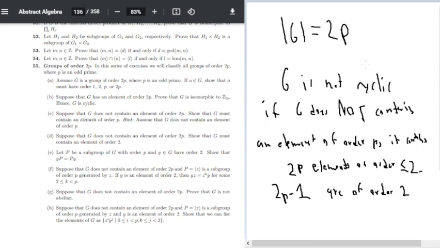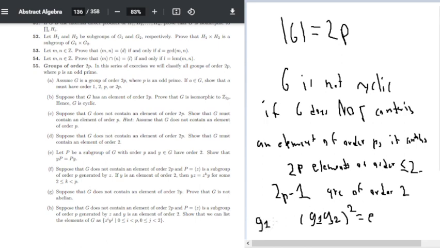So let's think. Which means that for any elements g1 and g2, (g1 g2) squared is equal to e, right?